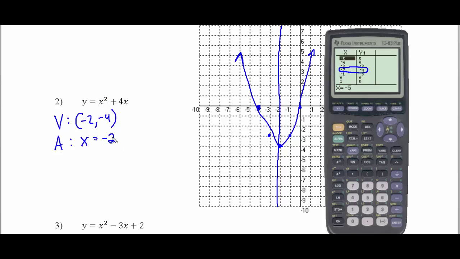Now my pattern finders might say, well, isn't your vertex answer here the same as your x value here? Will that be that way all the time? And the answer is yes. The vertex is going to be in the middle, which will create our axis of symmetry place, and that x value will be shared. Now if we talk about the domain of this graph, it gets infinitely big from left to right, as it approaches infinity and negative infinity, so the domain is going to be real numbers.